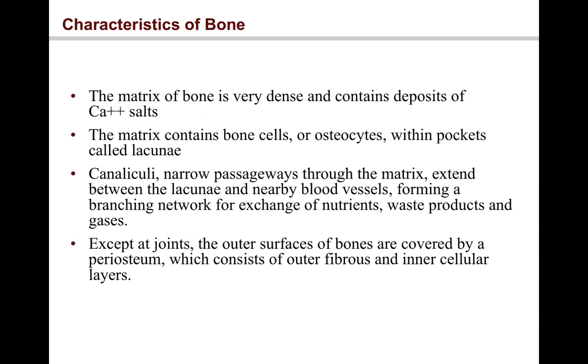What are these bone cells called? These bone cells are called osteocytes. Okay, cyte means cells, osteo means bone. So these are bone cells. Mature bone cells are called osteocytes, and they live in the matrix in pockets called lacunae.